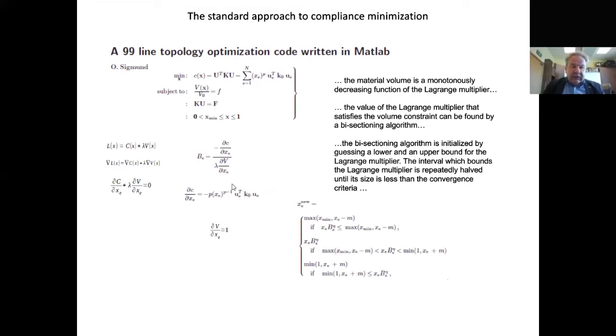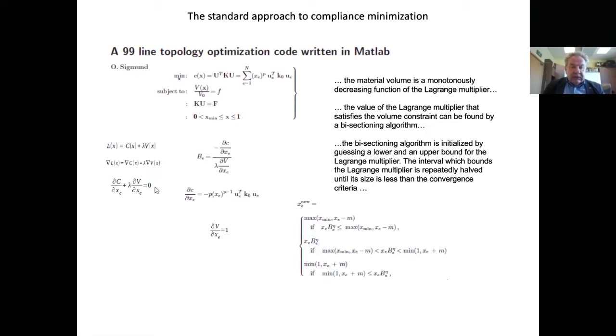So how does it work to obtain the minimum? We have to start with the Lagrange function, and we have here the compliance, and here is the Lagrange multiplier, and the constraint, in this case the volume constraint. After the differentiation, we should obtain 0 of this term.